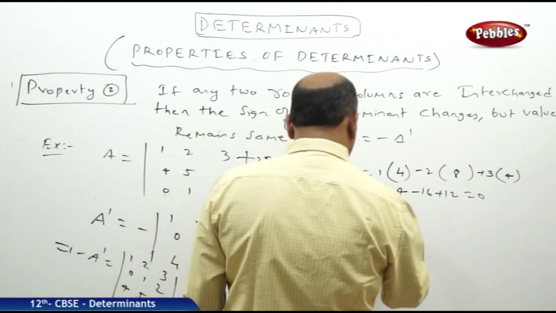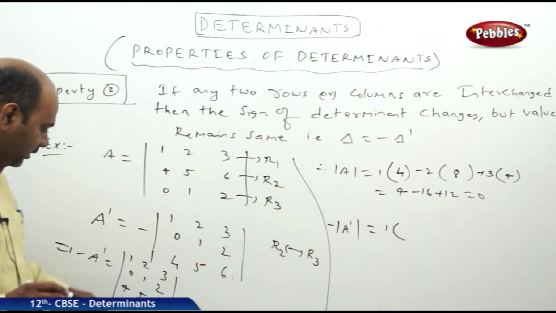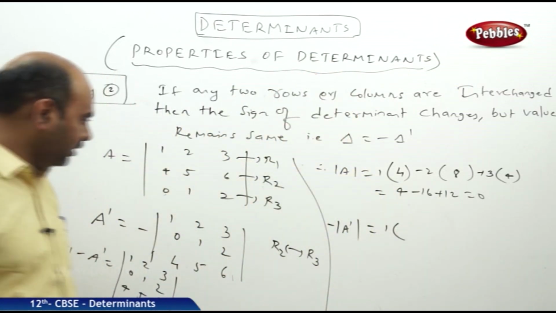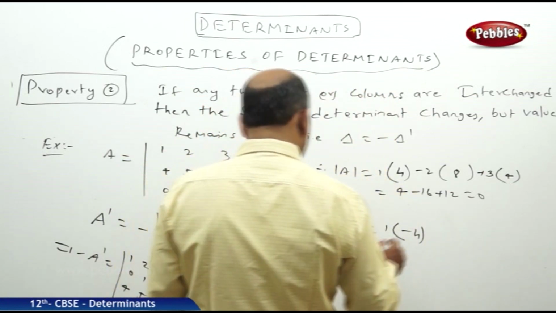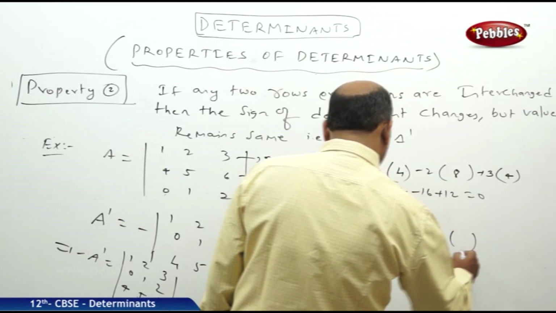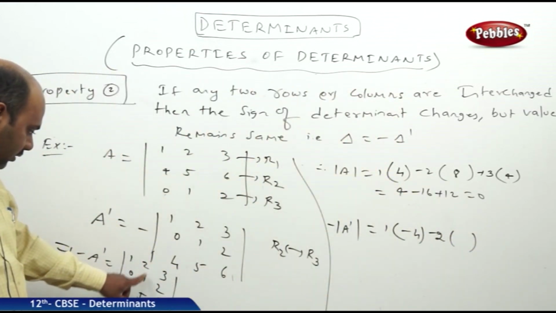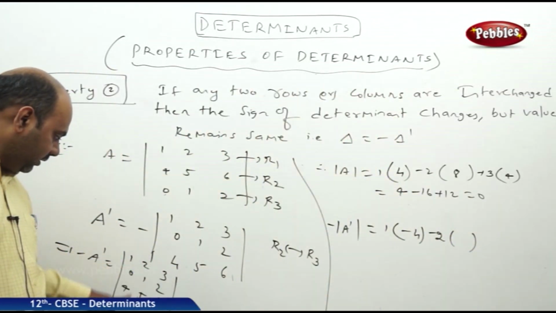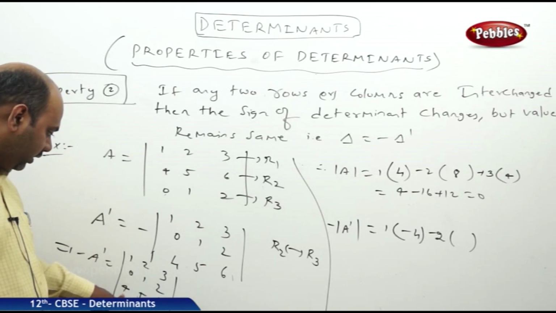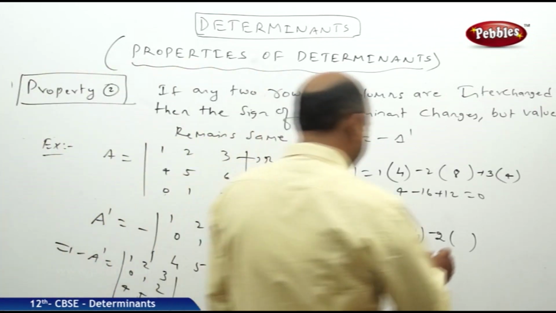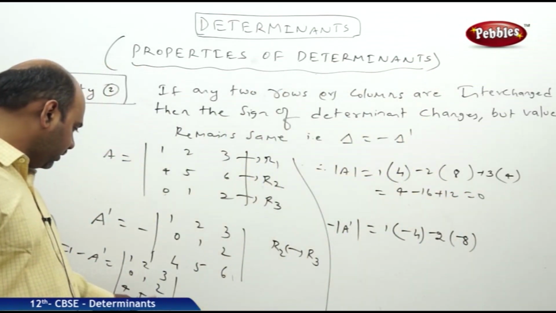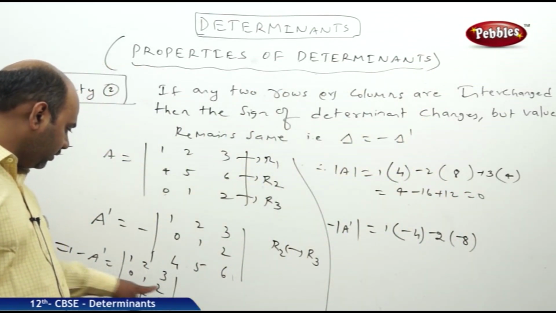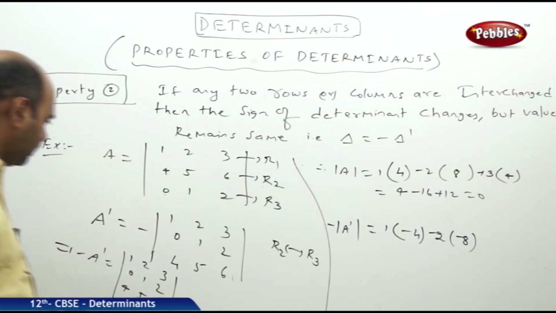So what happens? 1 into its minor. That means 6 minus 10. 6 minus 10 is minus 4. And here minus 2 into its minor means 0 into 6 minus 2 into 4. So that will be minus 8.